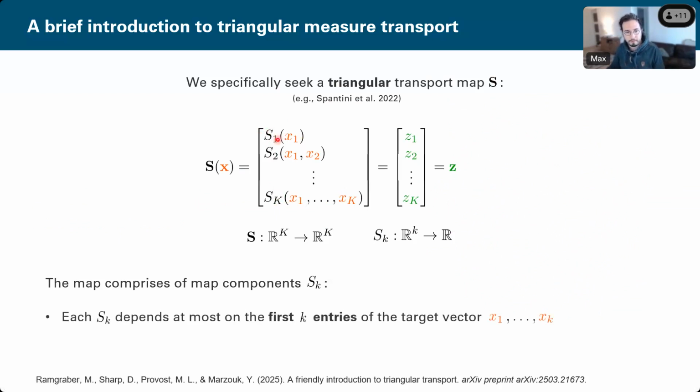So the first map component function depends only on x1, the second one depends on x1 and x2, and so on until the last map component function depends on everything. And to make sure this entire structure also remains invertible, we can further require that every map component function must be monotone in its last argument. So for instance, the third map component function S3 would have to be monotone in x3.